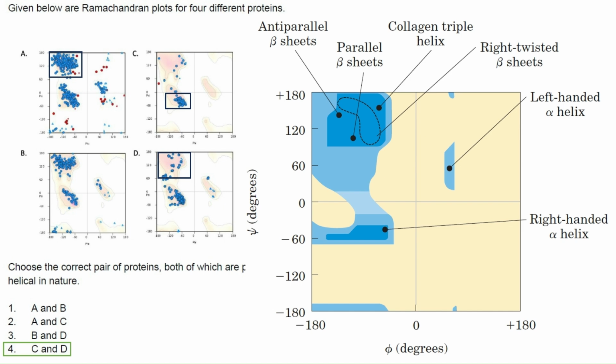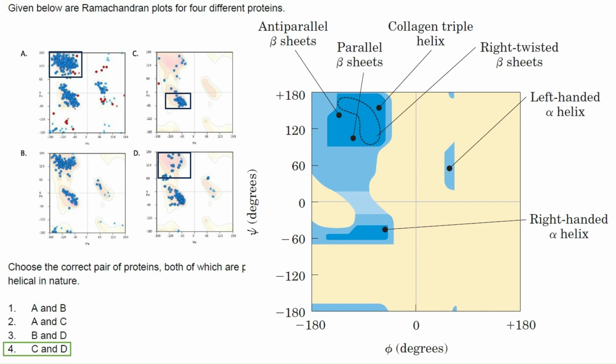For example, just the Ramachandran plot of protein A in this question can be given as a separate question, and you can be asked to describe what type of secondary structures are present in this given protein.